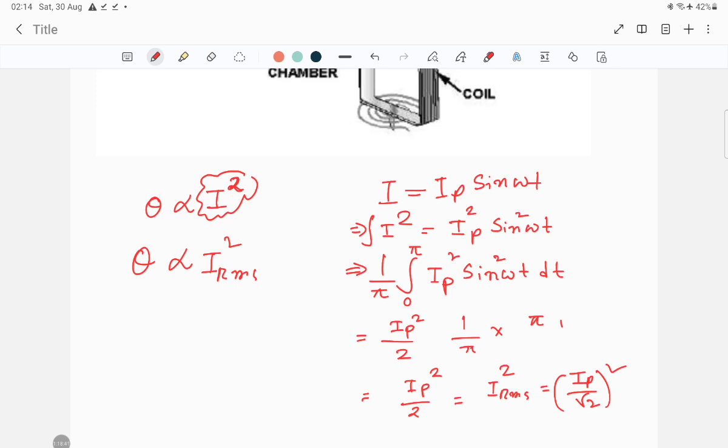Suppose you have a 2; what you have to do is square it and then take the root.